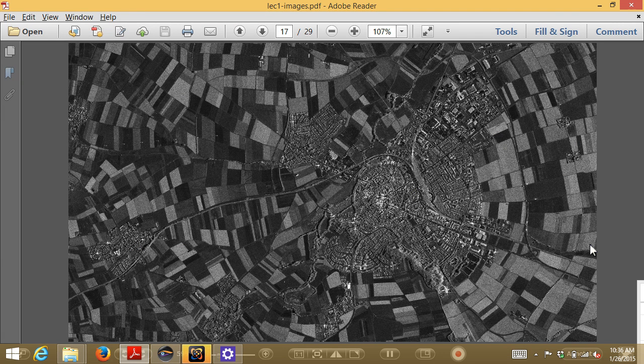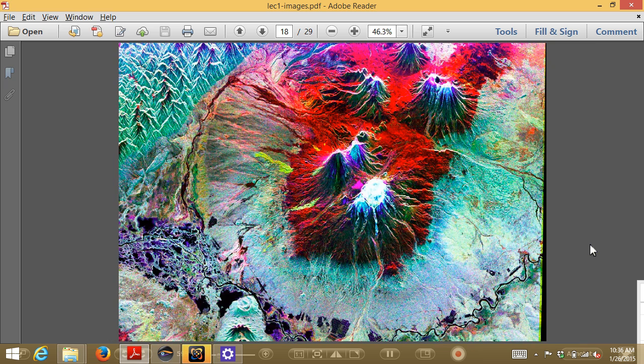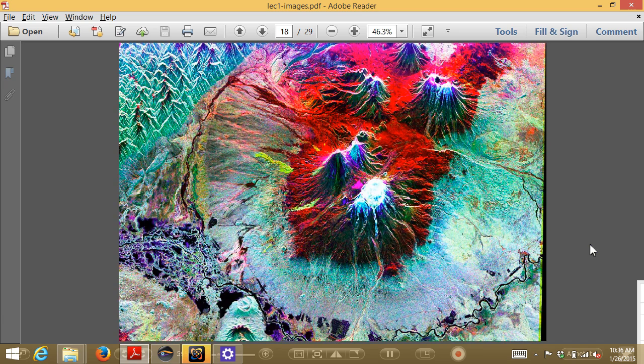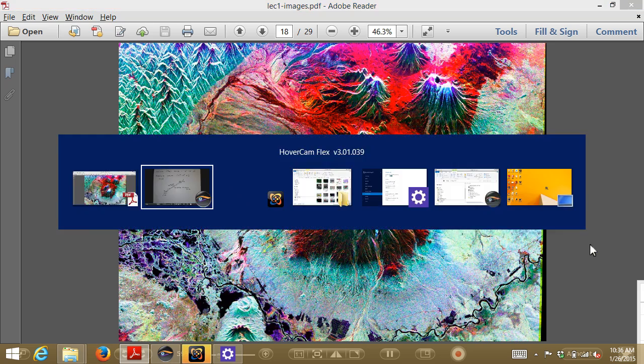If you've heard of synthetic aperture radar, this is that kind of thing. You can get very nice detailed terrain models, like this pseudo-color image of a radar image looking at the ground. Okay, then we come to radio band imaging.